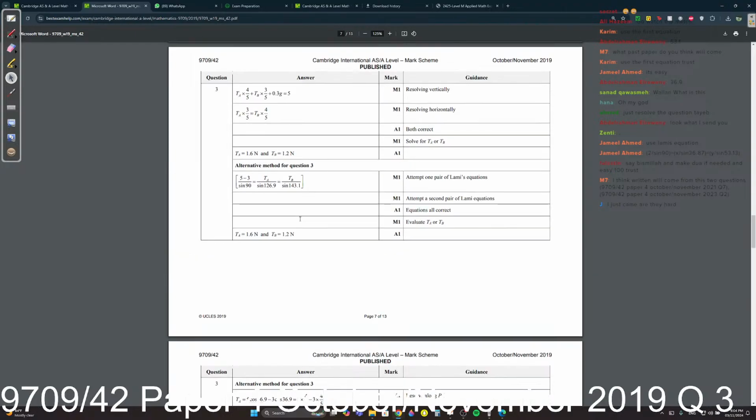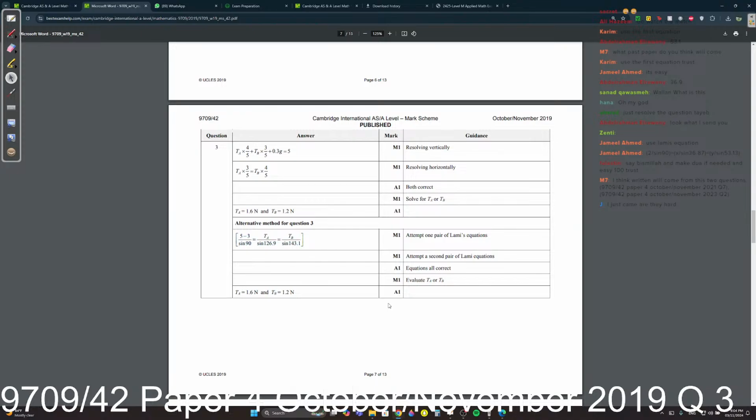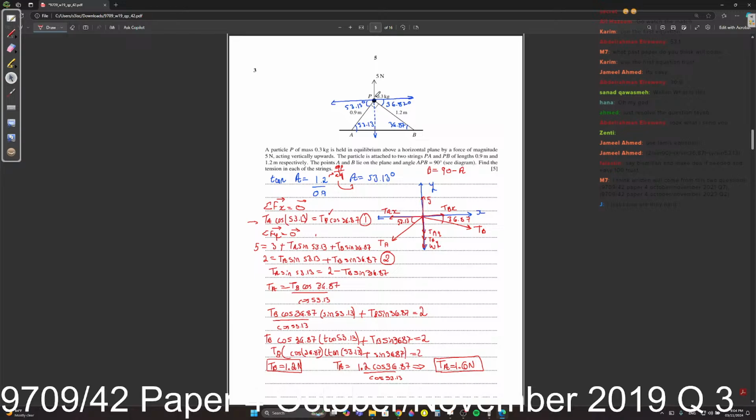Where's Lami's theorem? Over here. Yeah, this here.